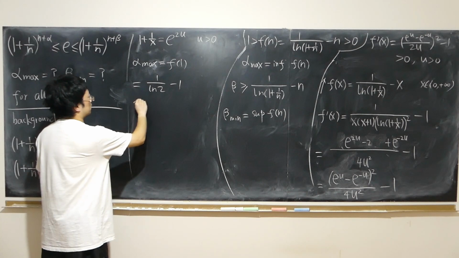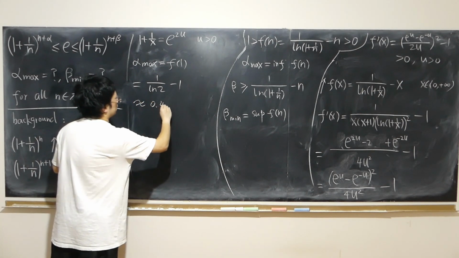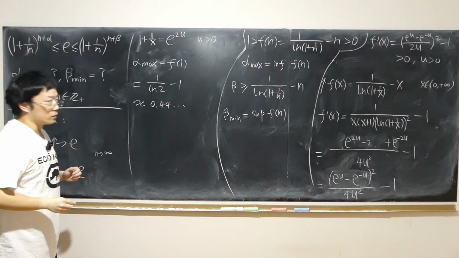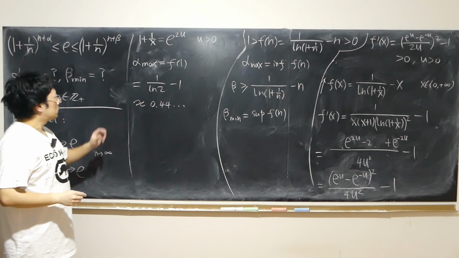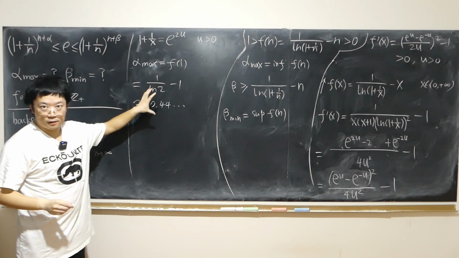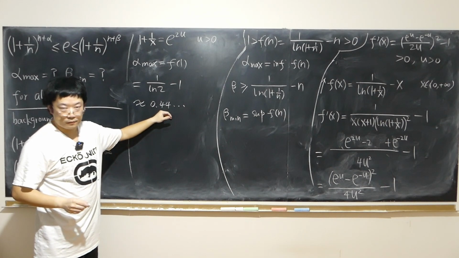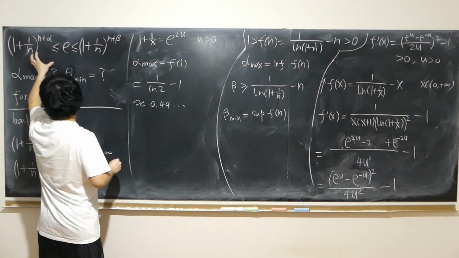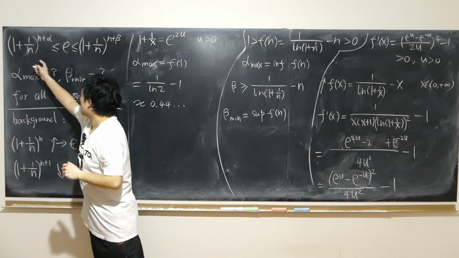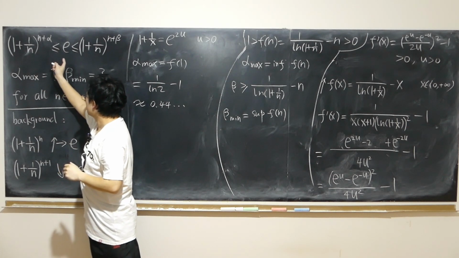So that's approximately 0.44 something, I don't remember. Which means if you take any alpha value that's even slightly bigger than this number, you will end up in a situation where there is some n which makes the left-hand side bigger than e.